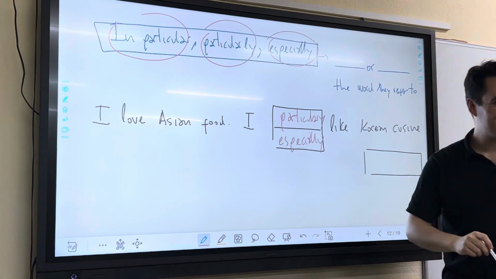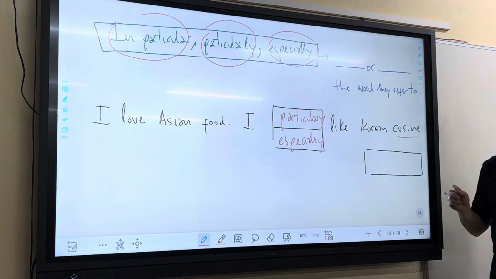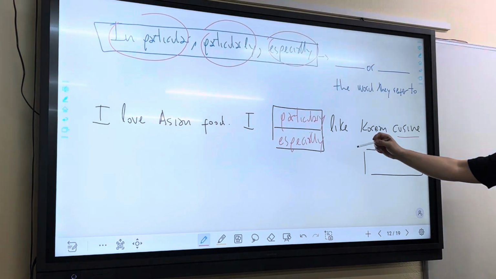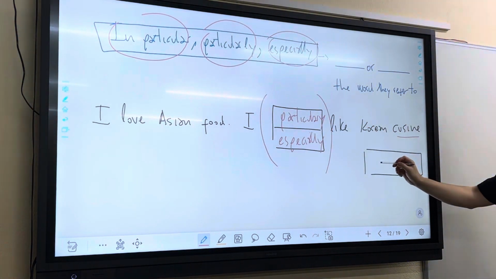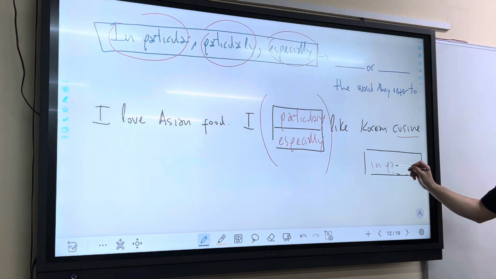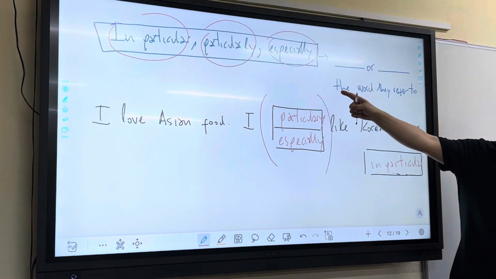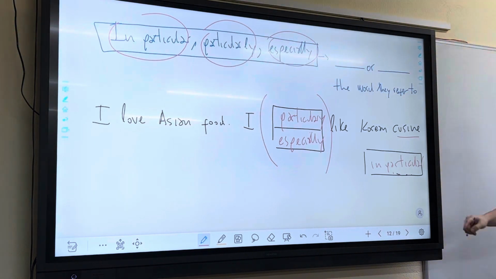And here you could say, I like Korean cuisine in particular. Okay, this is the best position for them: mid position for particularly and especially, and final position for in particular.